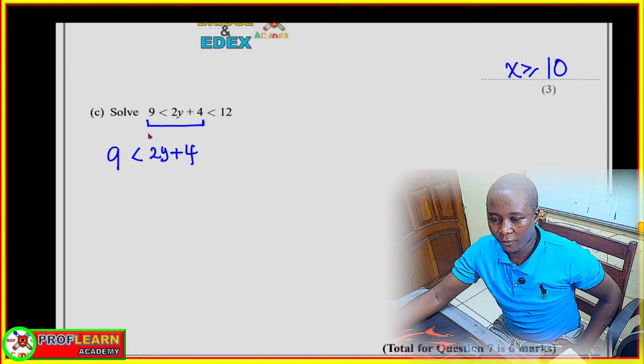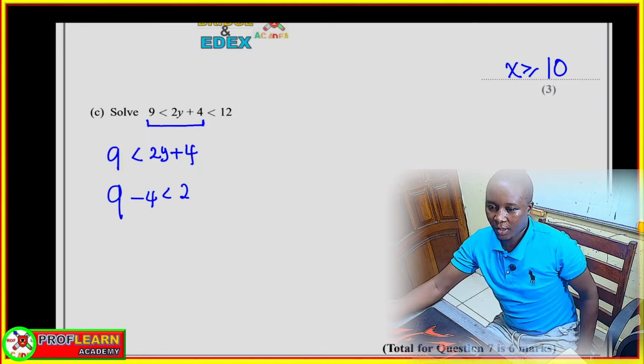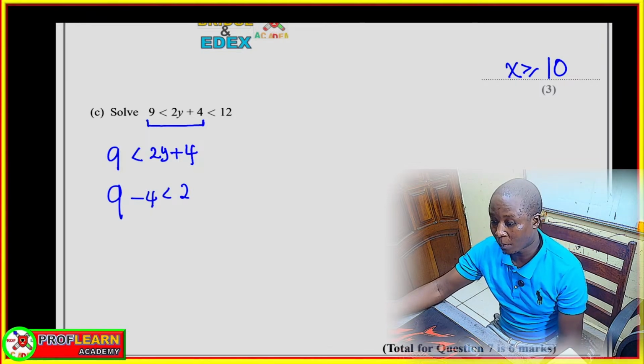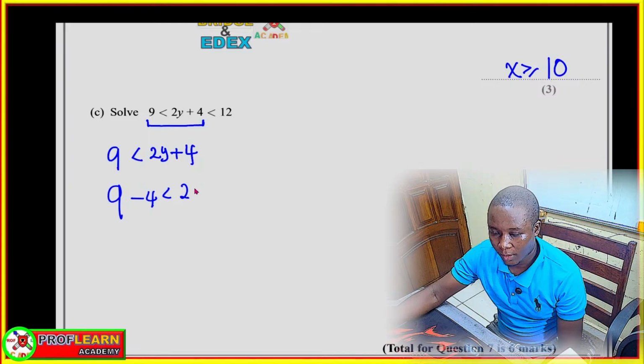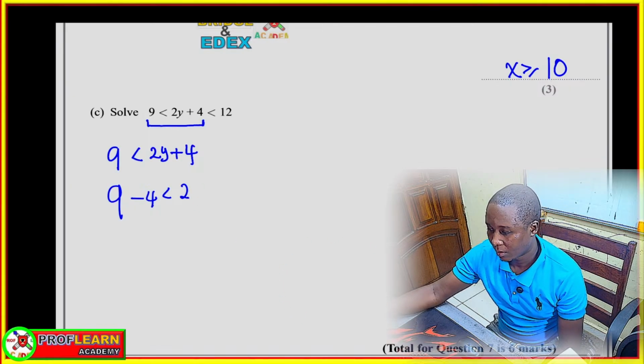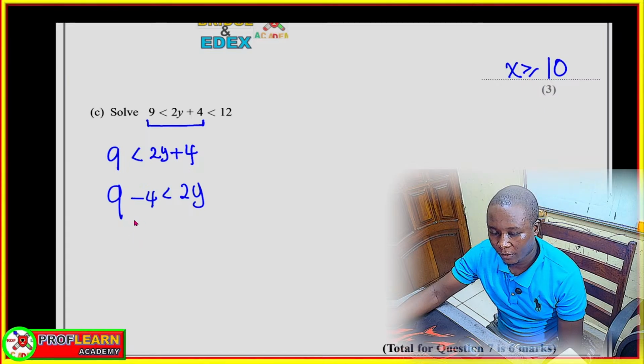And we're going to take 4 on the other side, so it becomes 9 minus 4 less than 2y, and then that's going to be 5 less than 2y.